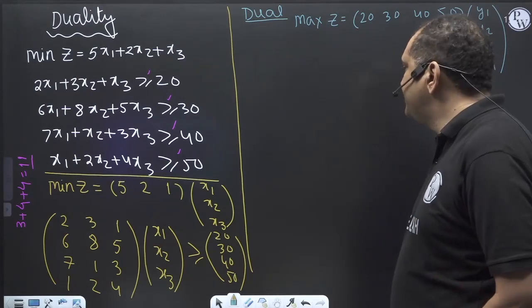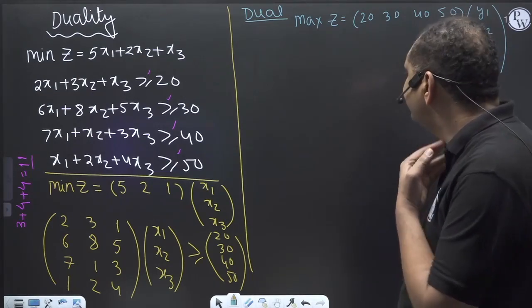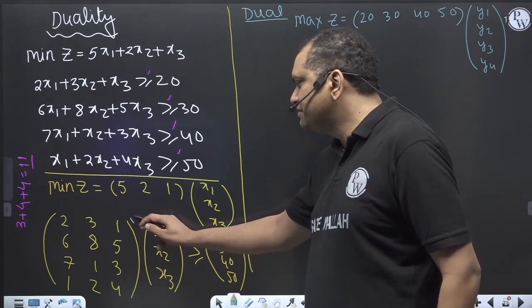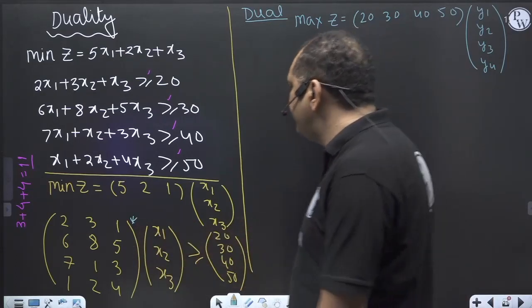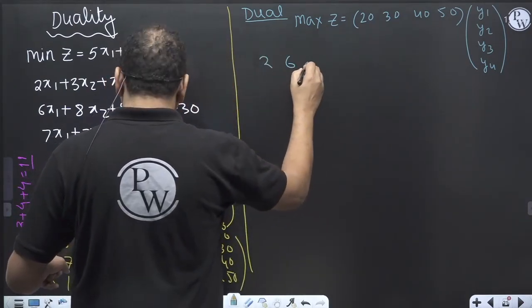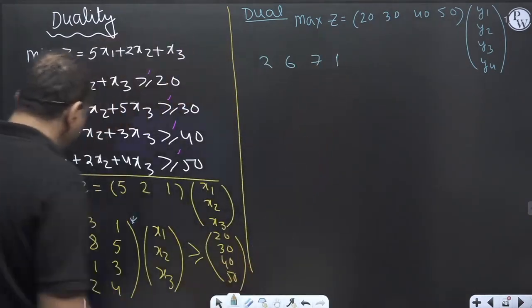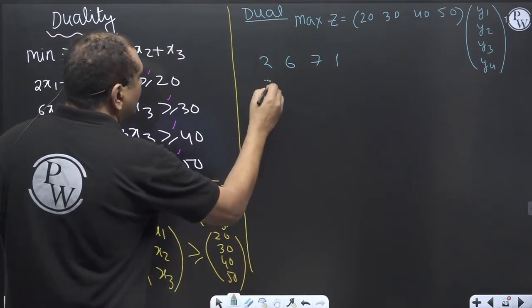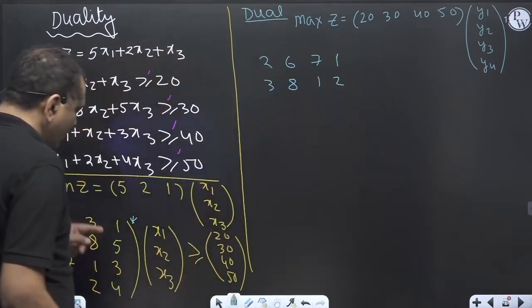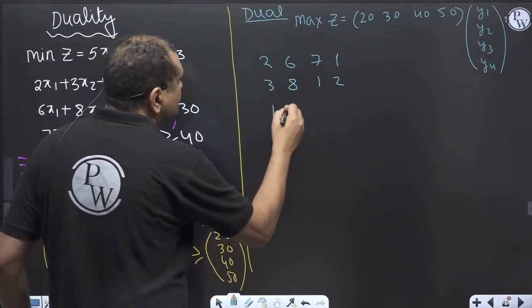This matrix will become transpose. So 2, 6, 7, 1, 3, 8, 1, 2, 1, 5, 3, 4.